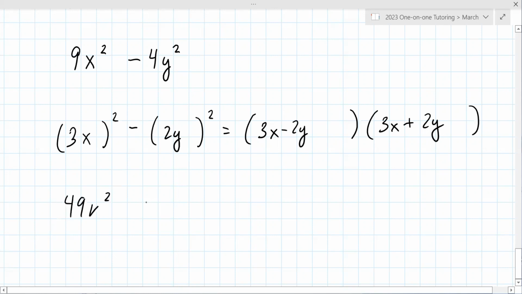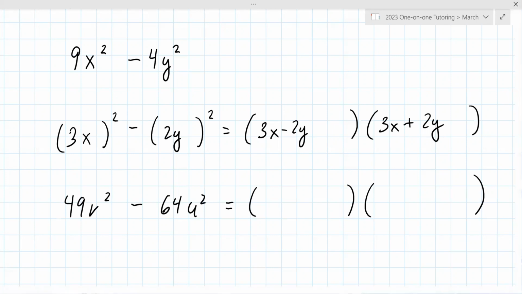49 v squared minus 64 u squared. Okay. 49 divided by 2 is 24.5.